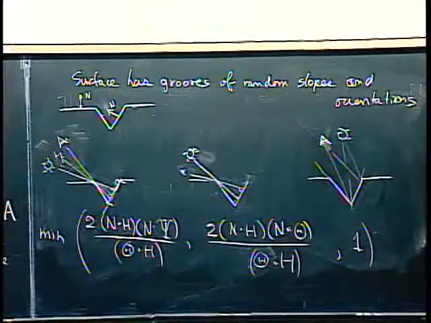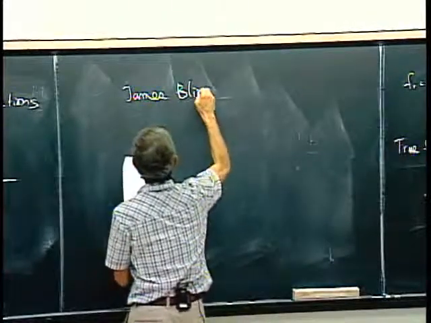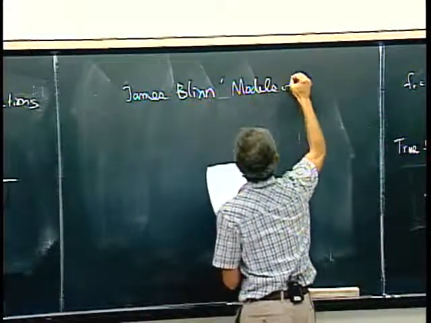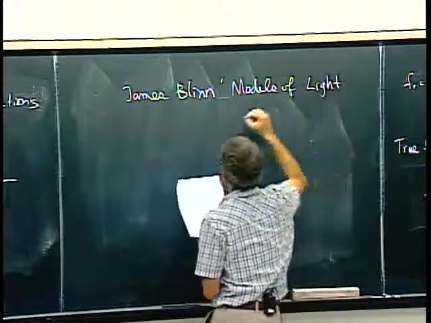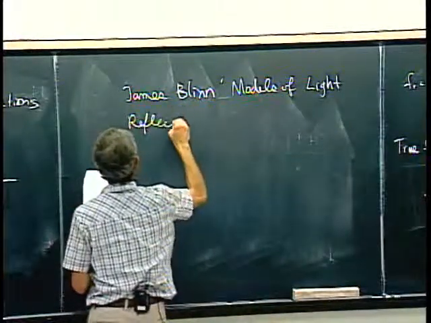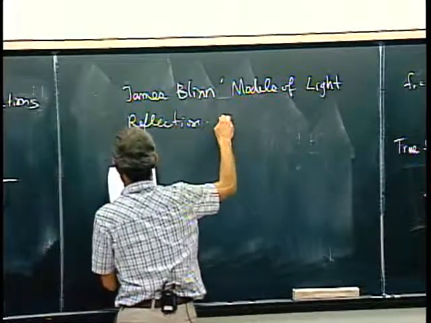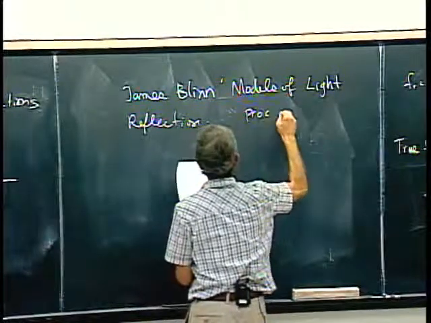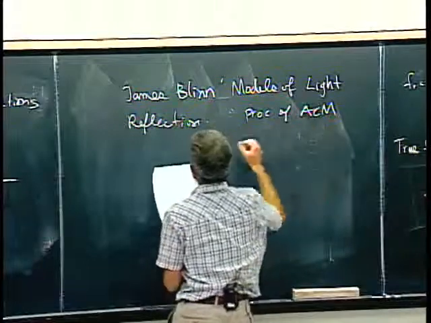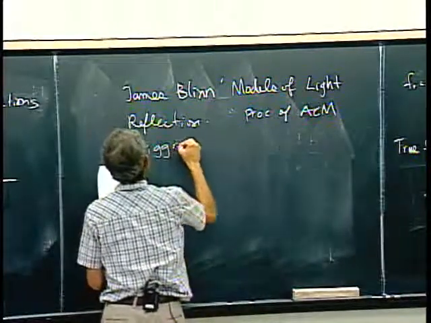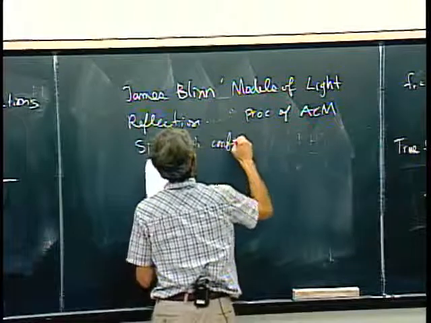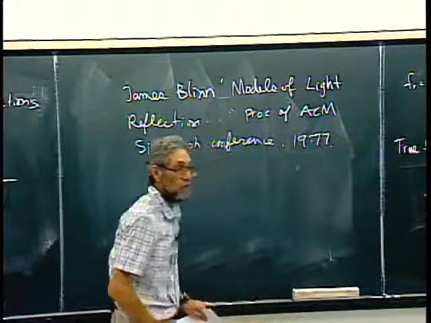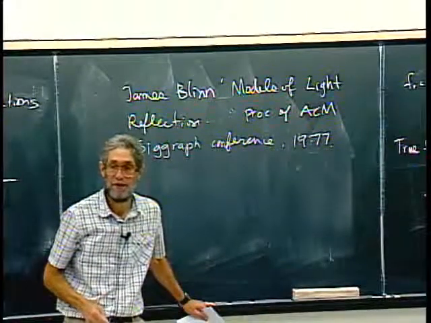James Blinn, Models of Light Reflection for Computer Synthesized Pictures, in the proceedings of the ACM SIGGRAPH conference in 1977. He's got a good derivation. I think the original Torrance and Sparrow paper in the 60s also has a derivation.